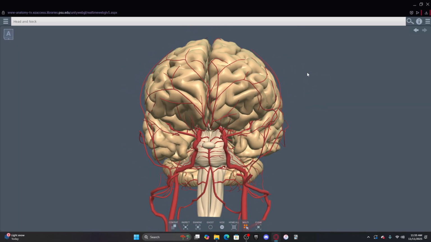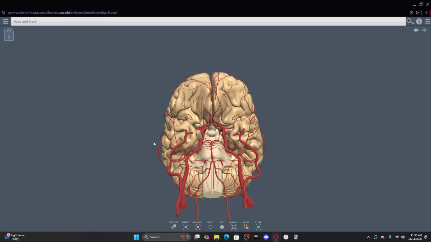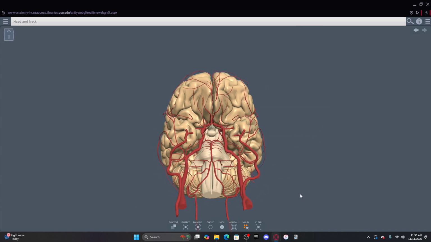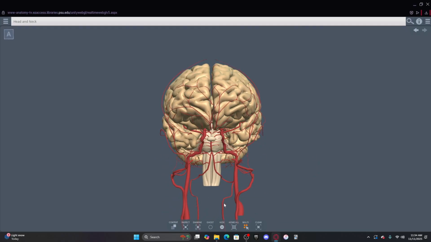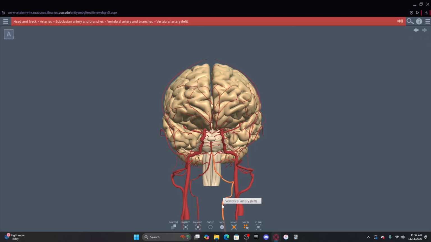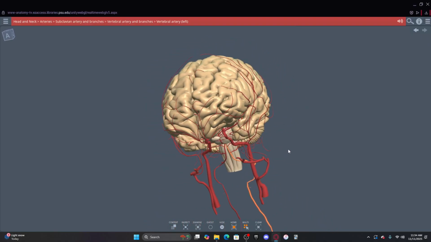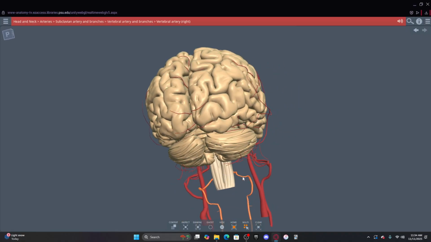Okay, so the way we look at the circle of Willis, so this is the circle of Willis. The way I start is looking at where it's starting. So we're starting at our vertebral arteries. So this is our left vertebral artery. Sorry, looking at it from the back, this is the right. Looking at it from the front, this is the left.